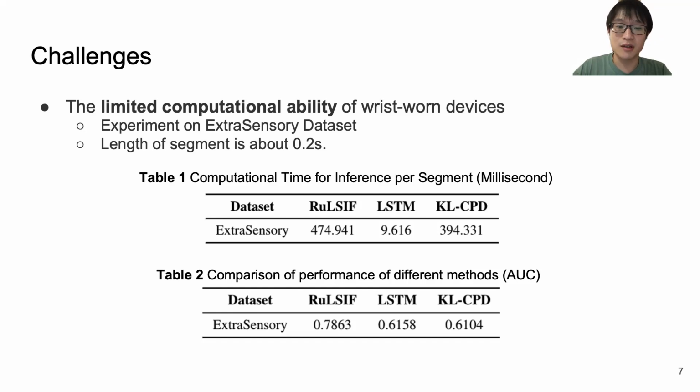For example, RuLSIF spent almost 5 seconds to predict whether a 0.2 seconds long segment is a change point or not. And although LSTM looks good, its performance is one of the worst in Table 2.